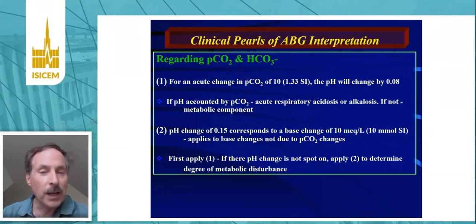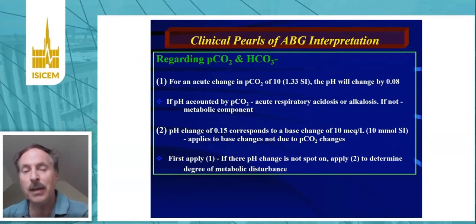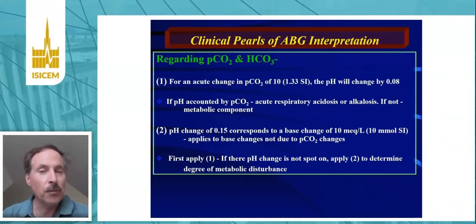If one has an abnormal pH and an abnormal PCO2 on your blood gas, and if you do this calculation, if the pH is accounted for by that PCO2 change, then what you are seeing before you is an acute respiratory acidosis or alkalosis. If it is not accounted for, then we have a metabolic component.